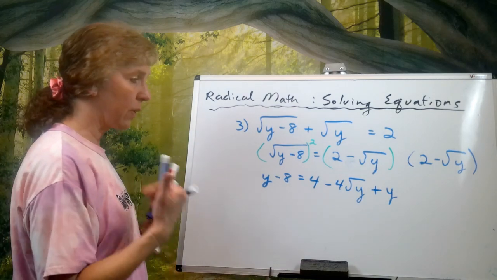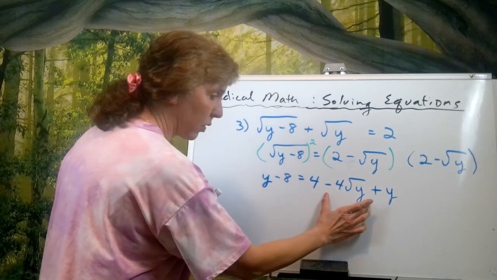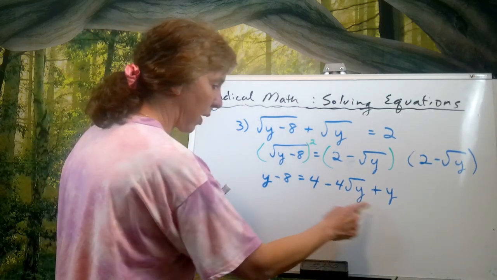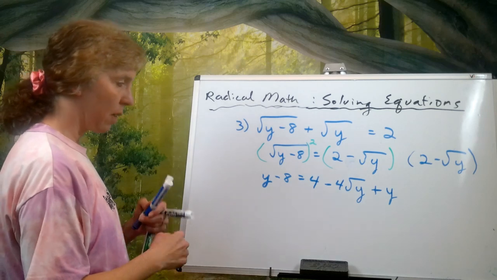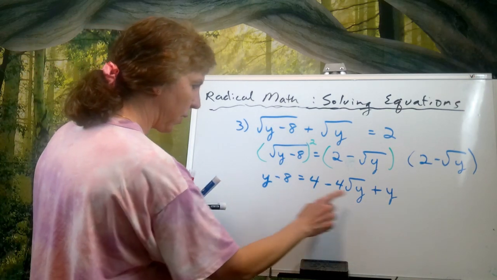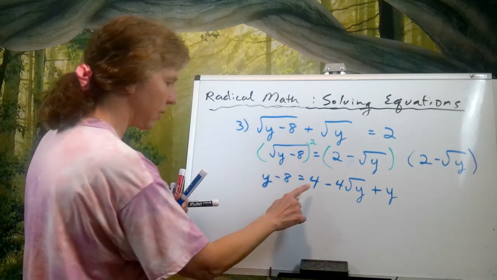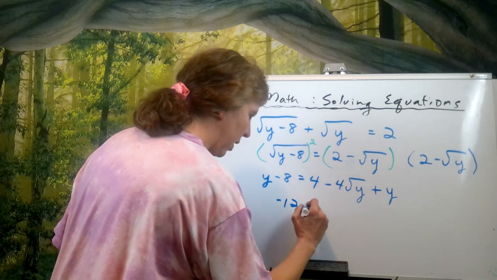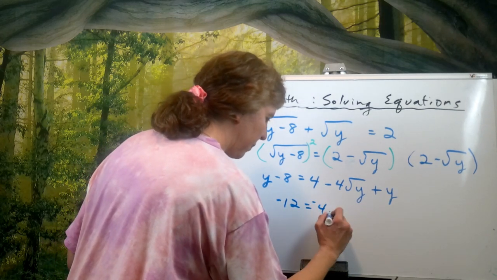Okay, now what I'm going to do is isolate this radical and square again. In other words, I need to subtract the 4 and subtract the y. Oh, that one's nice, because that makes my y's go away. If I subtract the y, I have no y's. If I subtract the 4, I have negative 12, equaling negative 4 root y.